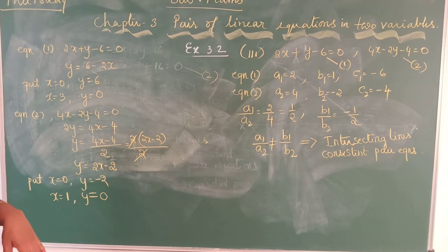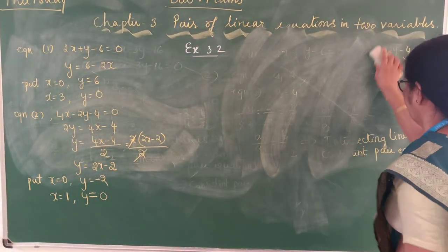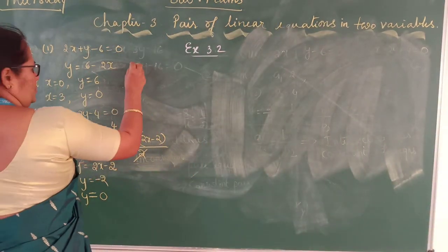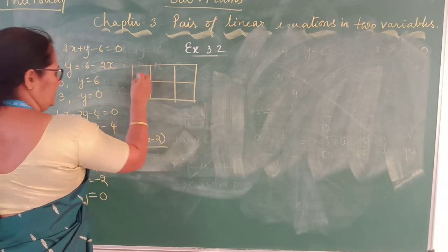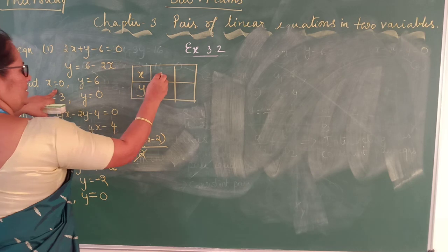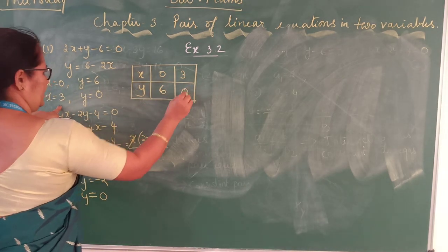Now we plot the graph for this. For the first equation, the coordinates are: when x is 0, y is 6. When x is 3, y is 0.